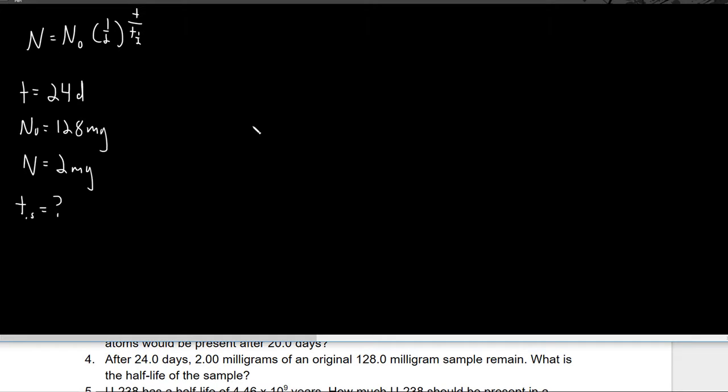So N, 2 milligrams, equals starting amount N0, 128 milligrams times 0.5, and we're raising it to this power, which is T, 24 days over T 1/2, T 0.5. If that's a variable I'm looking for, if I'm going to do this super algebraically, I'm just going to call that x, okay? And that's my exponent up there, so let's just go ahead and pop that in parentheses.